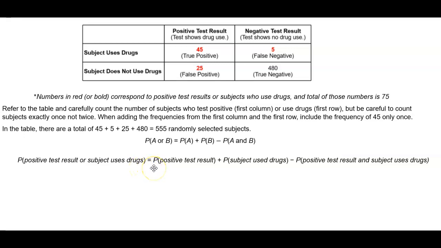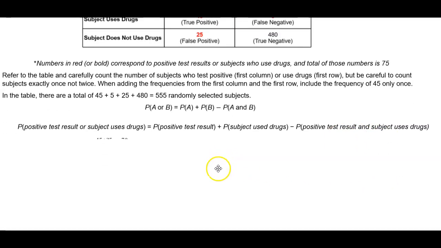So this would equal the probability of the positive test result plus the probability of the subject uses drugs minus the probability of the positive test result and the subject uses drugs.